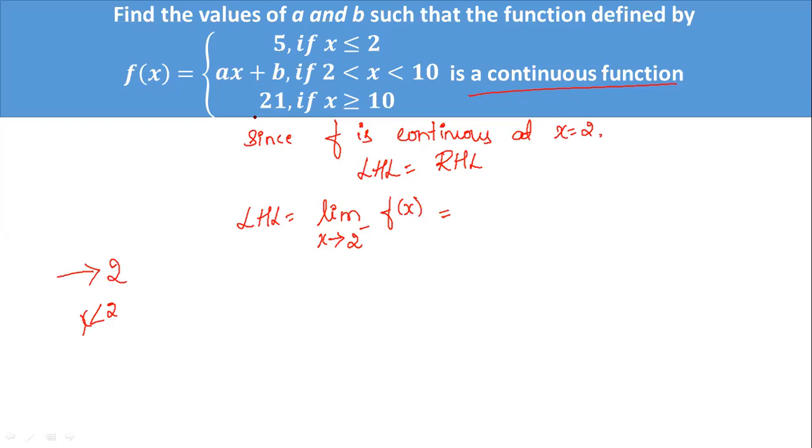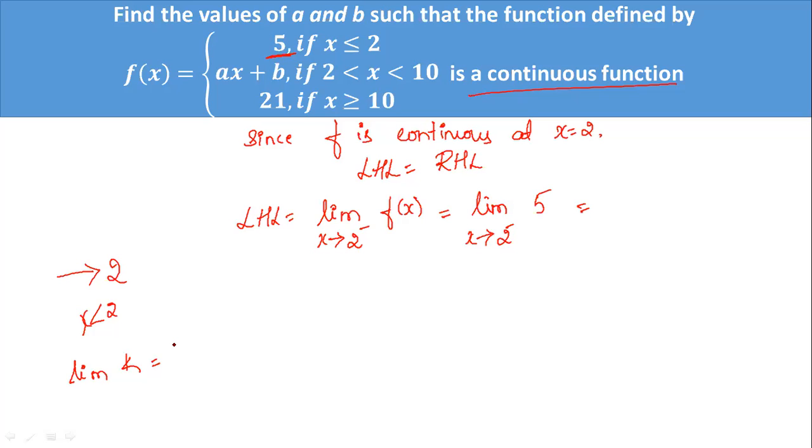Yes, the first definition. Good Subramanya, good Sahana. So we have to use the first definition. Accordingly, the limit of f of x, when x is less than 2, is 5. So it is 5 as x tends to 2 from the left. Okay, so now what is the limit of a constant?